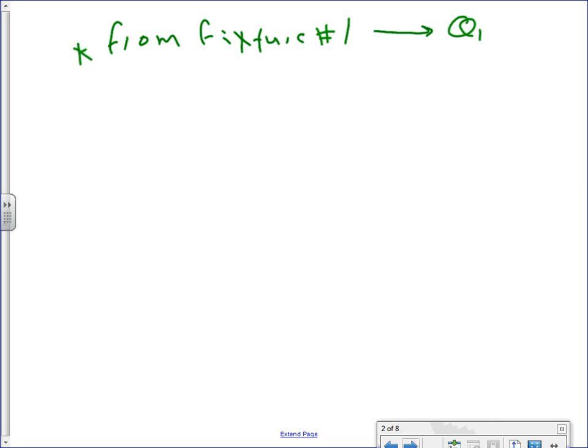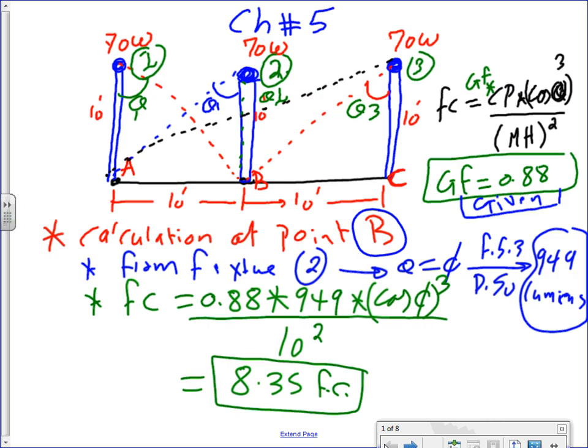And to find Q1, the first thing you need to do is take tan Q1 equal 10 over 10, which is equal 1. Can you guys see that? Tan Q1 equals the opposite here over the adjacent. That's tan of an angle, right?